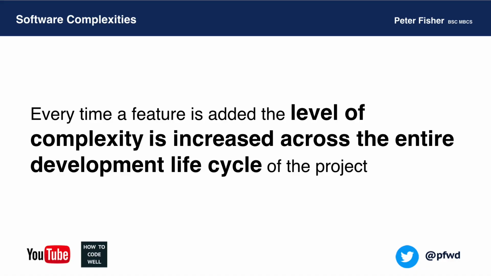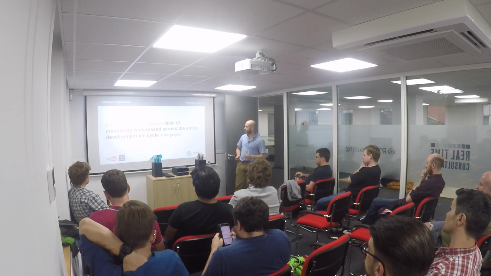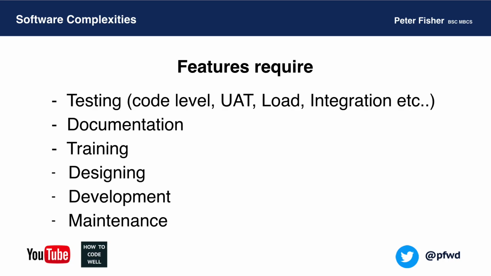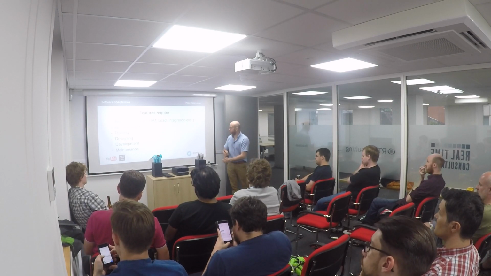Every time a feature is added, the level of complexity is increased across the entire development lifecycle of the project. This means testing from a code level, UAT, this could even be focus groups checking out your code, or it could just be the client approving your stuff. It could even be automated, of course. Load testing, integration testing, integrating that feature with other features. Documenting, you have to document your stuff.